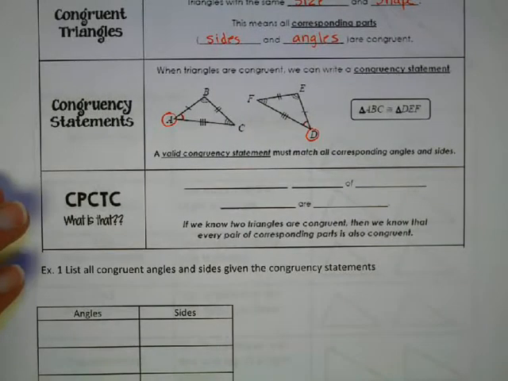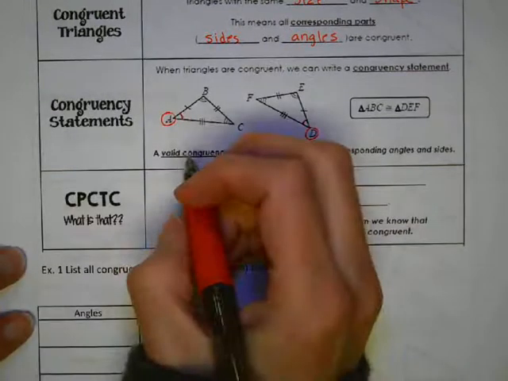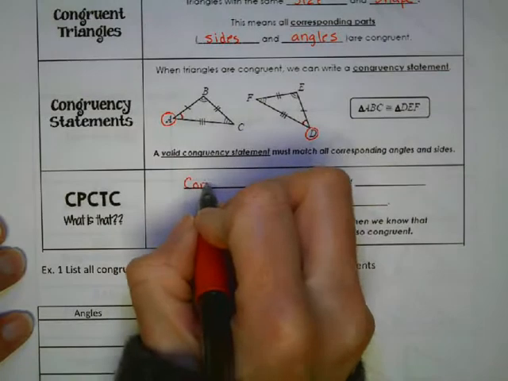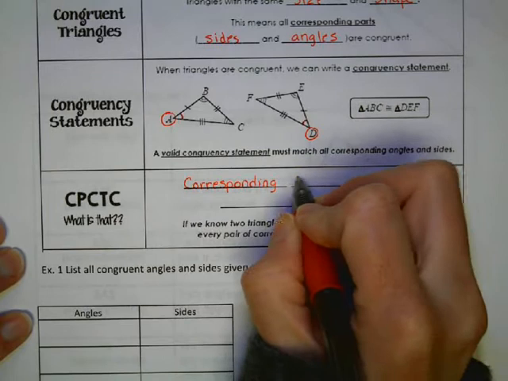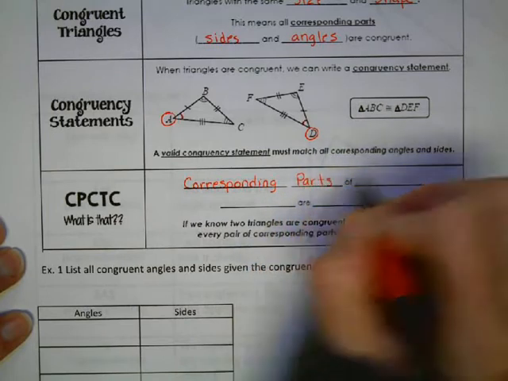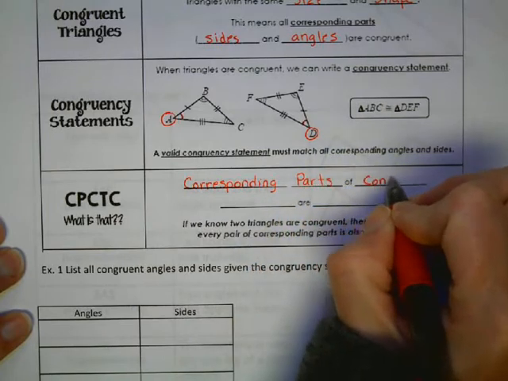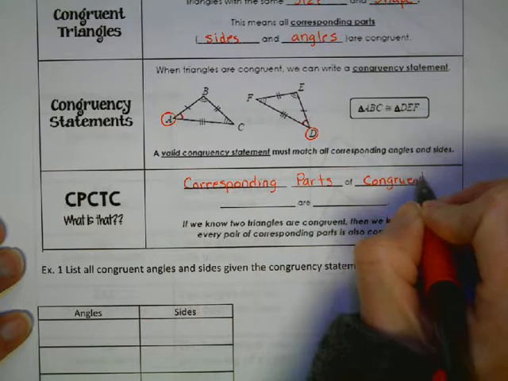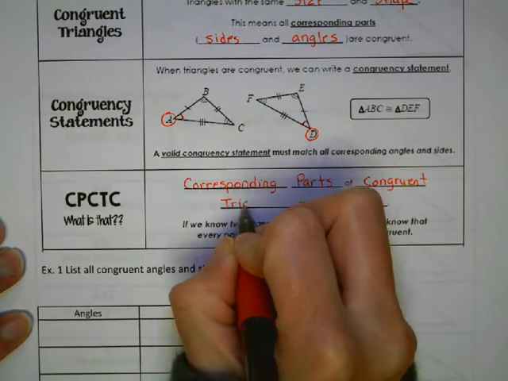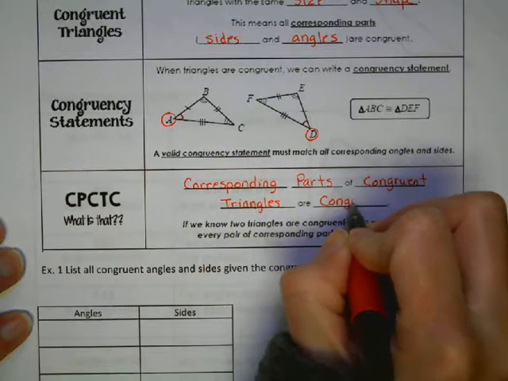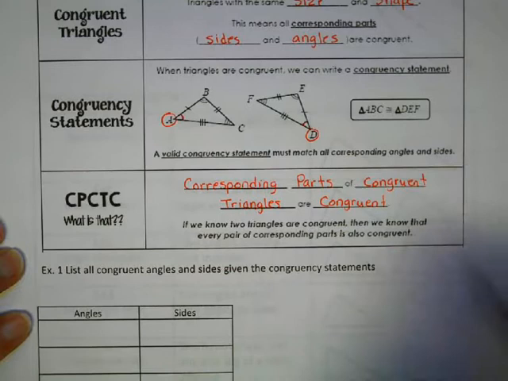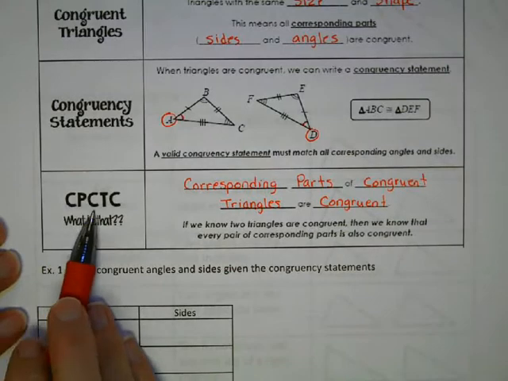Alright, CPCTC. This is an abbreviation you're going to get real used to in this chapter. It stands for corresponding parts of congruent triangles are congruent.